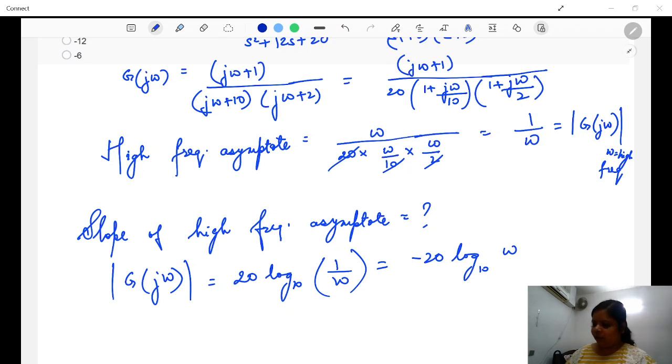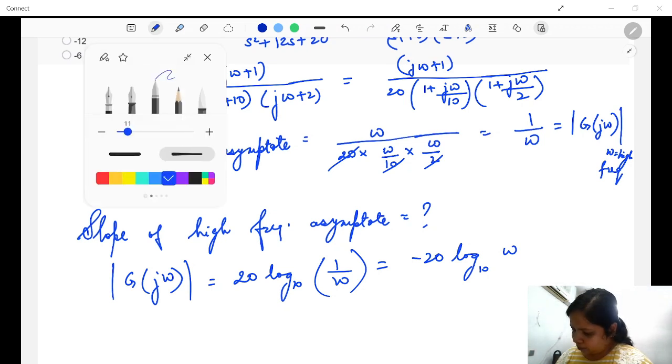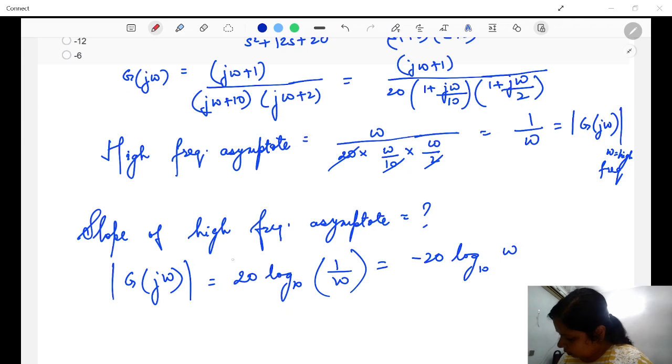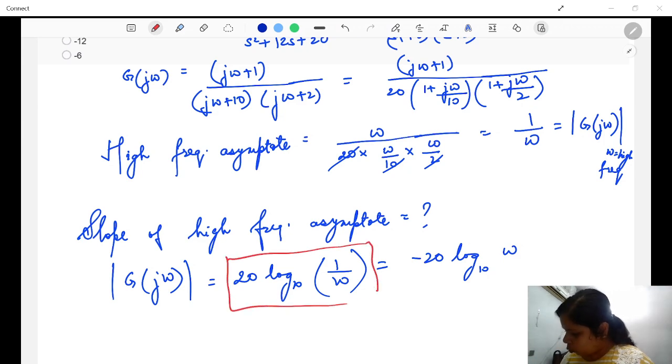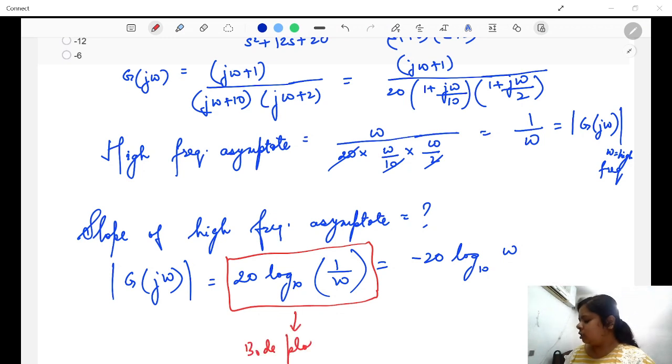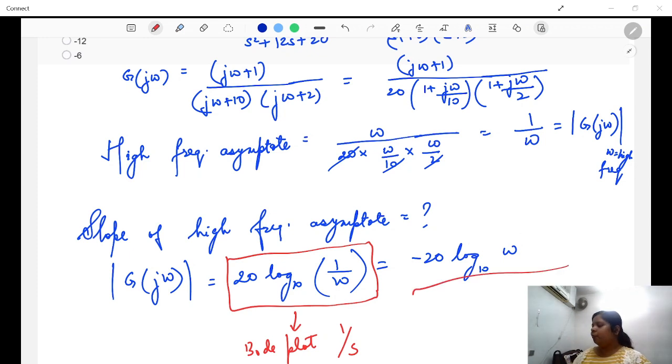You might see from here, this is a basic observation that everyone should make, that this quantity is the Bode plot corresponding to 1 upon s, right? You get the same thing there. Now you have omega here. You can put minus 20 log 10 omega. Then you'll finally see that you have 20 dB per decade decay.